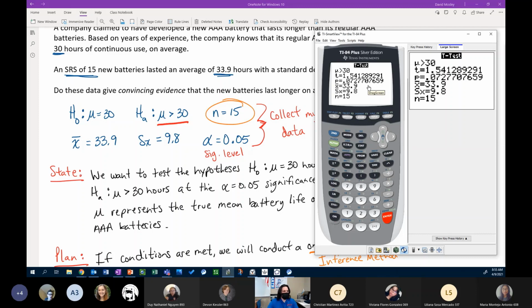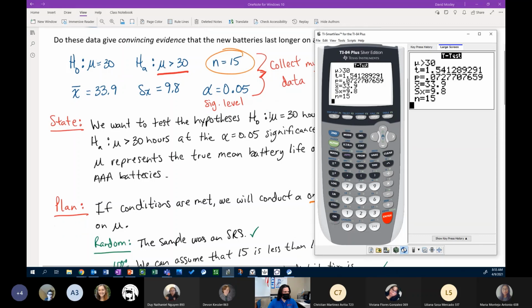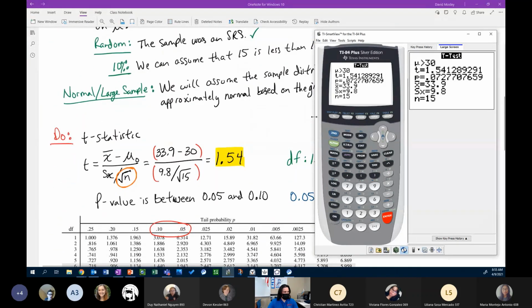All right, and so we get the t-score, or the t-statistic here, which is basically the same as what we calculated, 1.54. And then our p-value, p equals 0.0727707, and so on, is in fact a value between 0.05 and 0.1.